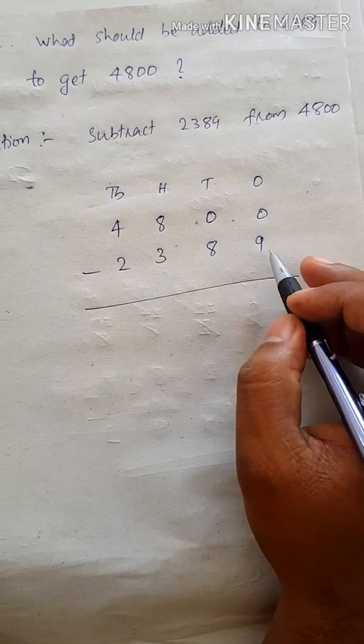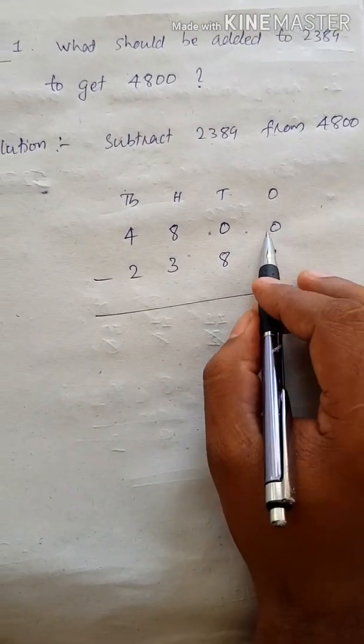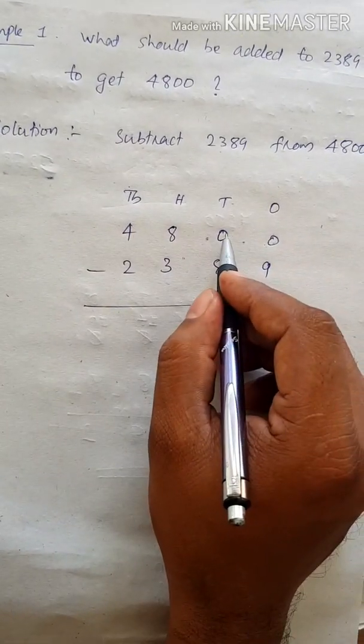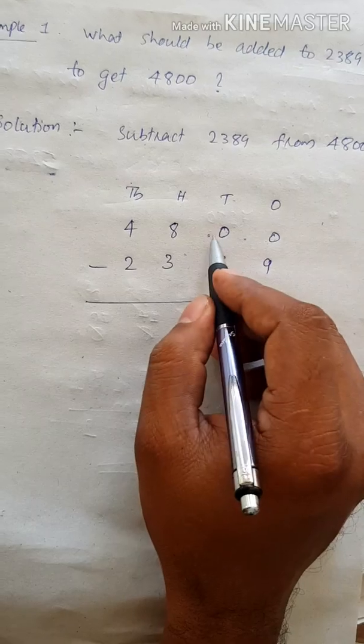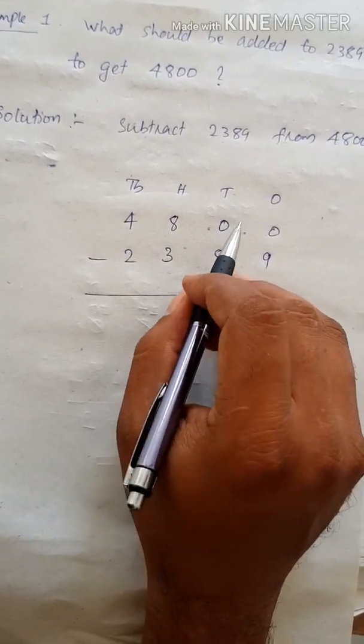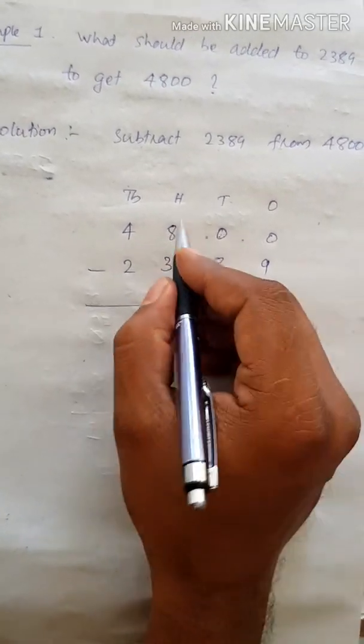Here it is 0 minus 9, so you know that you cannot subtract 9 from 0. So let us take 1 from the tens column. But here also 0 is there, so you cannot take anything from here. So let us move to the hundreds column.